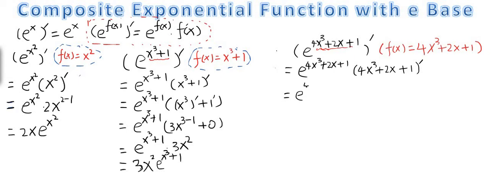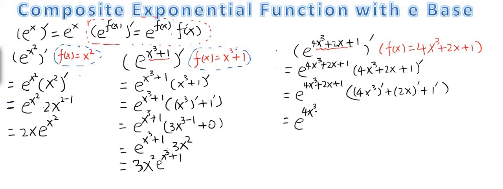So we're gonna use the sum rule. Okay, sum rule. So we have the derivative for each term. Okay, and then we're gonna copy it and then simplify this derivative.